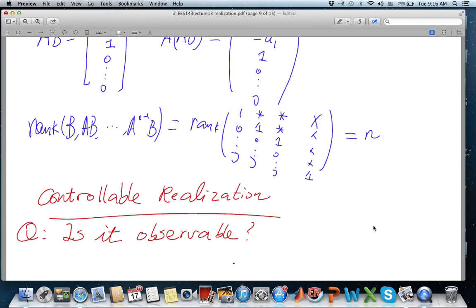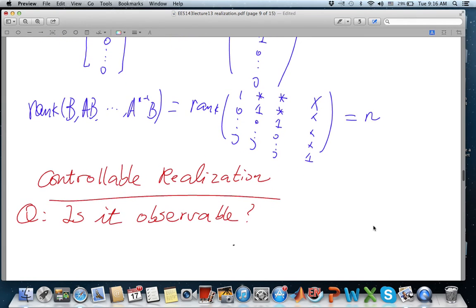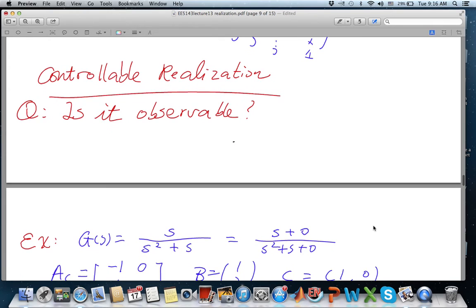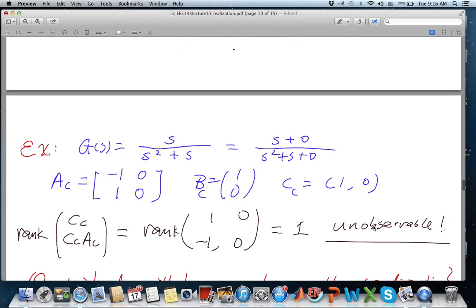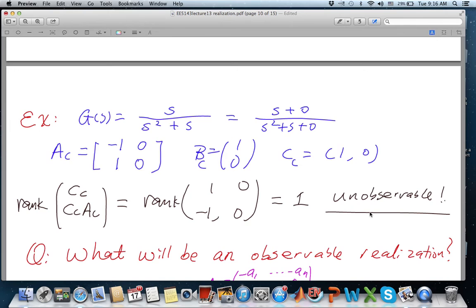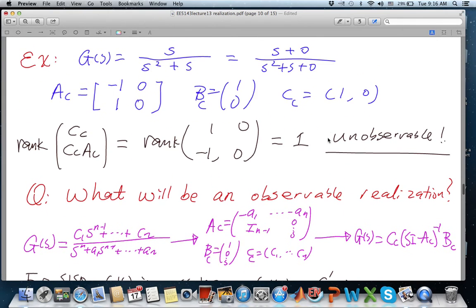Okay, so if the system is controllable, the following question is whether the system with the realization ABCD is observable or not. We'll check it again. So when we look at this example we showed before, so here we have S over S squared plus S, and then by completing all the parameters in this format, we can see that the A matrix is going to be -1, 0, 1, 0, B is 1, 0, and C matrix will be 1, 0 also.